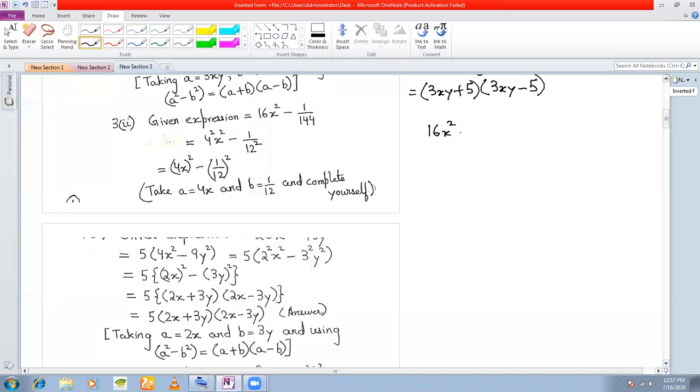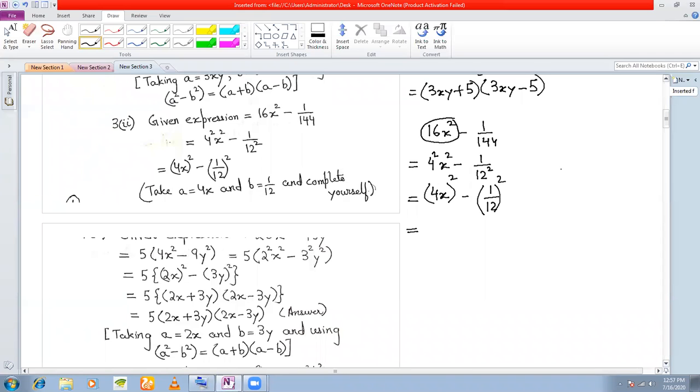16x square minus 1 by 144. You see that 16 is a perfect square, so write it 4 square x square, and 144 is also a perfect square, which is 12 square, right? So now 16x square can be written as (4x) whole square, and 1 by 12 square can be written as (1 by 12) whole square, right?